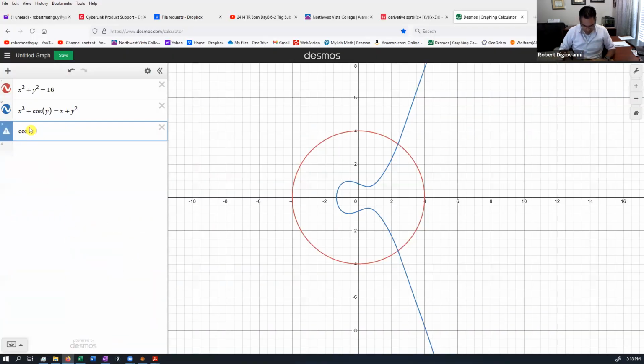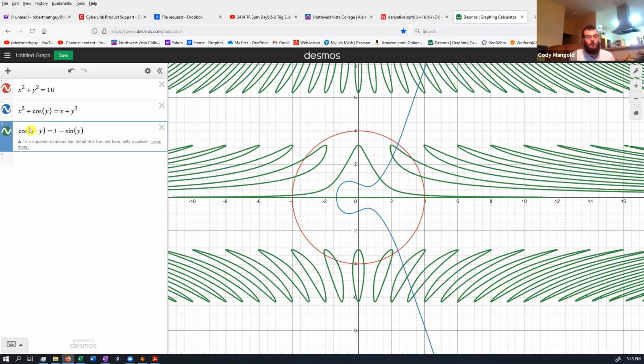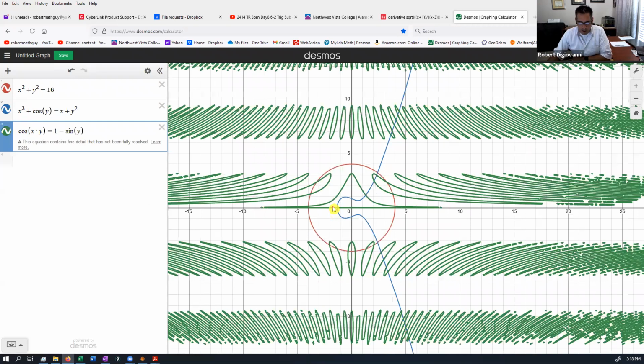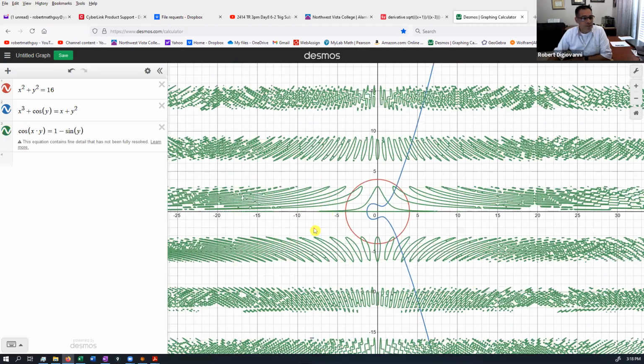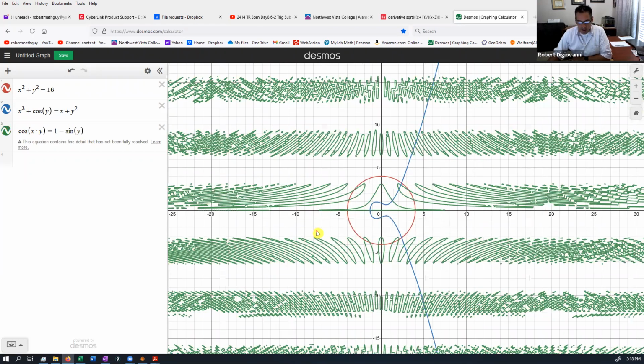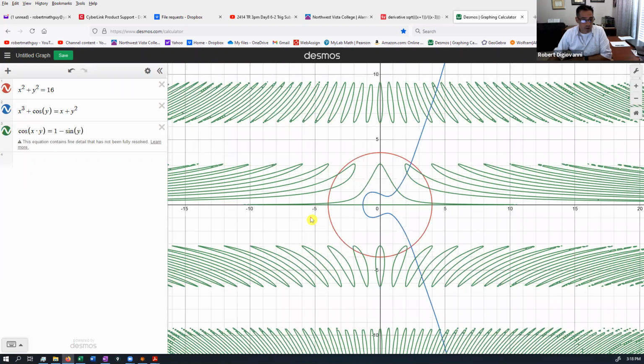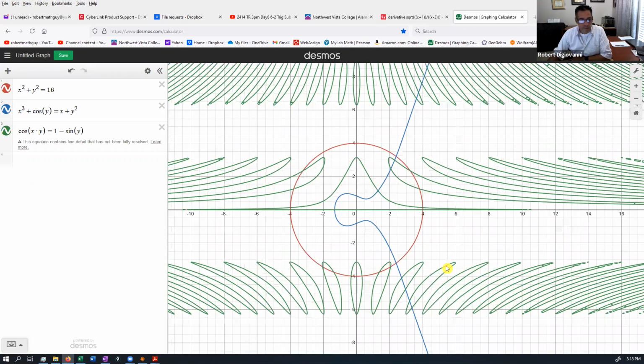Cosine of x times y equal to 1 minus sine of y. Wow. Okay, that is a pretty crazy looking curve. Sorry, it's not a function. I should have never called it a function. That's a pretty crazy looking curve or relationship between x's and y's, right?